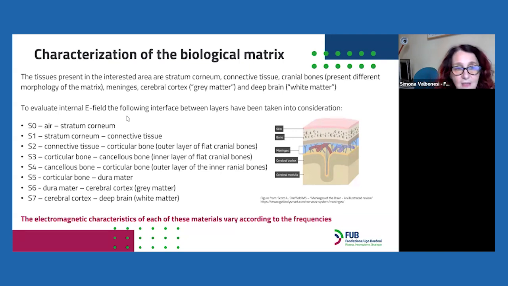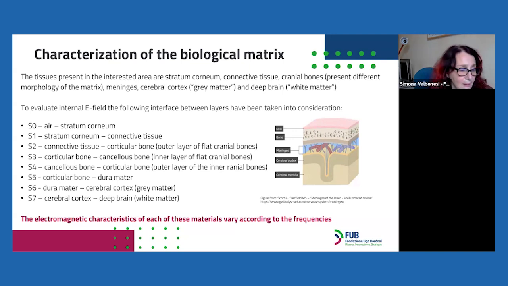The path is from the air to the deep brain. The first layer is air, then stratum corneum, connective tissue, corticular bone, cancellous bone, cancellous bone, corticular bone. These are 2 different types of bones.